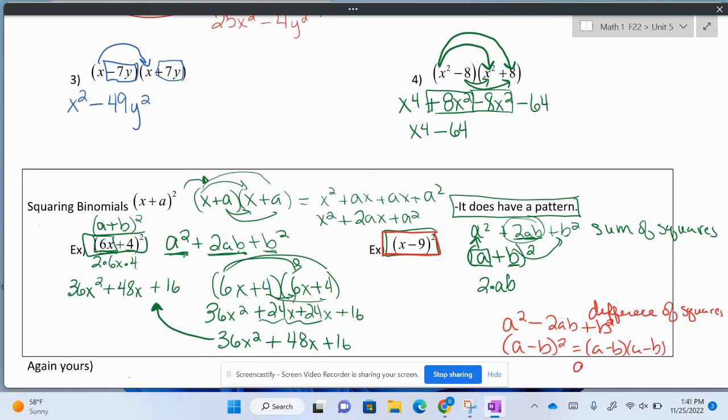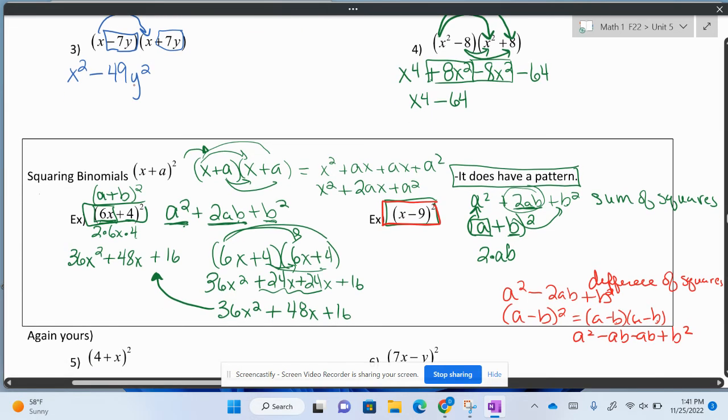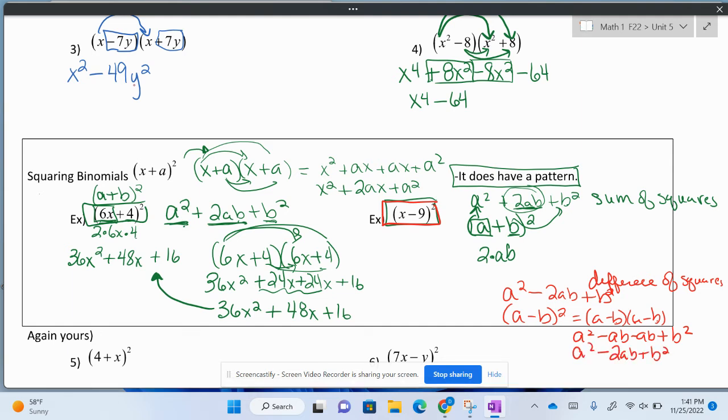A times a is a squared. A times negative b is negative ab. Negative b times a is negative ab. And a negative times a negative is a positive b squared. So when I combine these, I actually get a squared minus 2ab plus b squared. So this is the pattern for difference of squares.